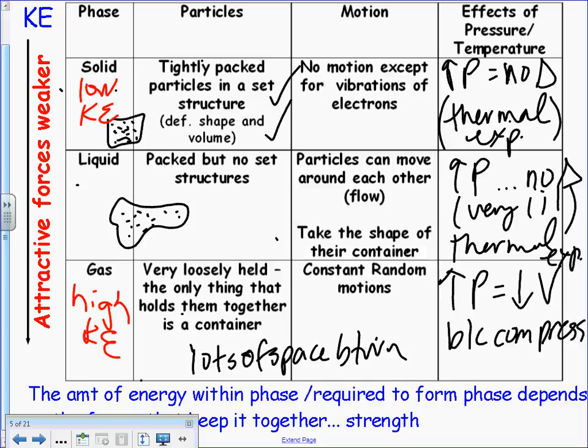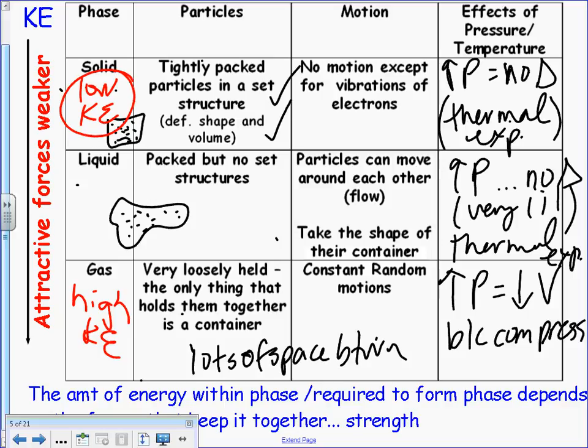What you can also correlate with kinetic energy is the attractive forces between molecules. Who has the greatest attraction for a neighboring molecule? Solids, liquids, or gases? Solids, right? These are ions, of course, but this ion has a high attraction for this ion, and this one, and this one. They are all highly attracted to each other. Low kinetic energy means you're not moving a lot.